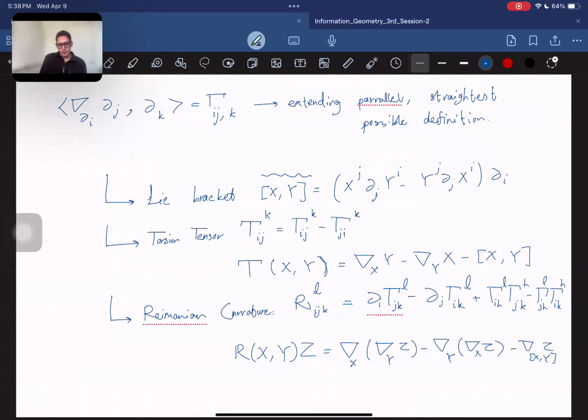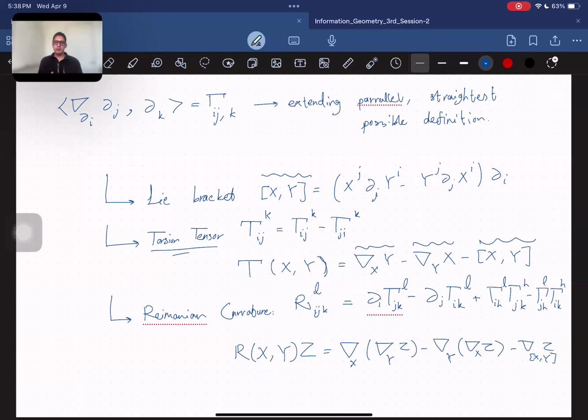That would be the Lie bracket. Then you can define the torsion tensor, which is practically, intuitively the same as above, taking these three derivatives. I know the notation might look very overwhelming, but we just need the intuition behind it.